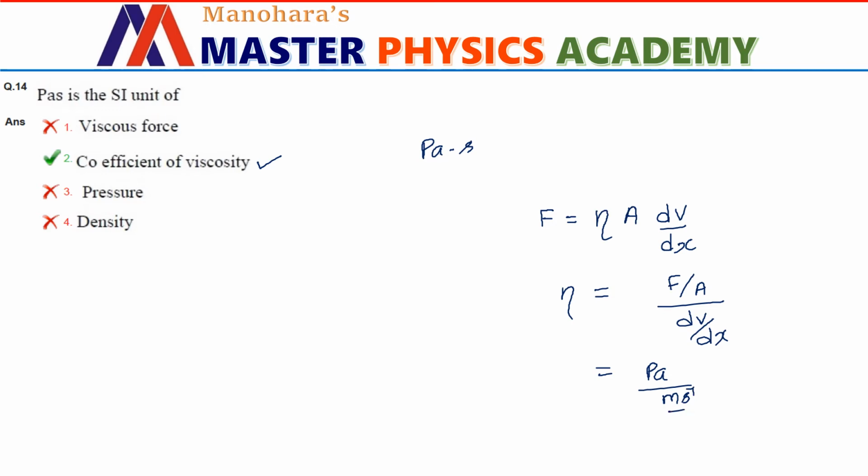And what is the unit of dx? That is length, meter. So solving this, we will have second inverse in the denominator. So when it is taken to the numerator, we will have Pascal second. So the correct option is coefficient of viscosity, which is also clearly marked on the official website.